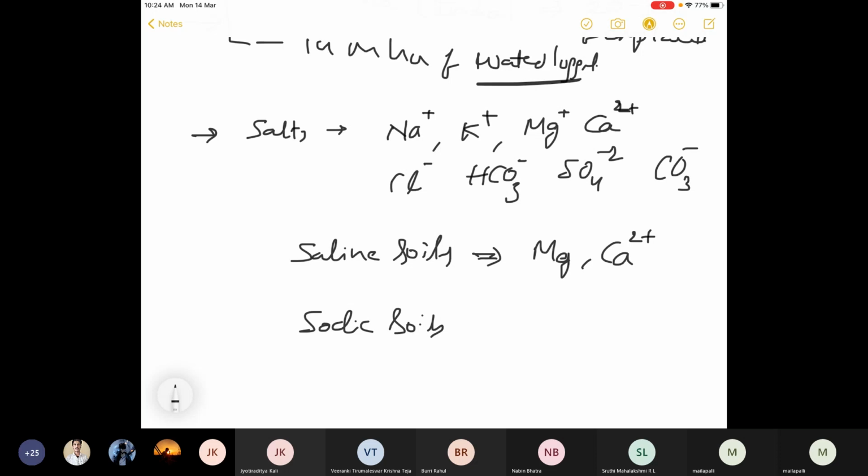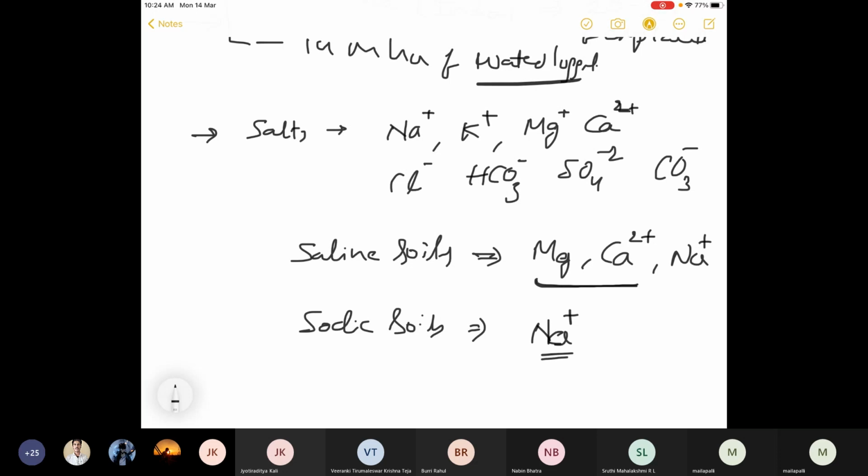Sodium will also be there, but mostly the magnesium and calcium are more prominent than the sodium. Whereas in sodic soils, sodium is the predominant salt. That's why saline soils and sodic soils.